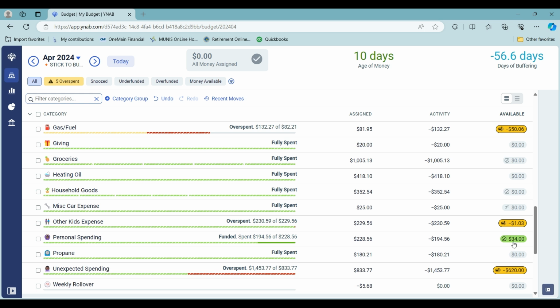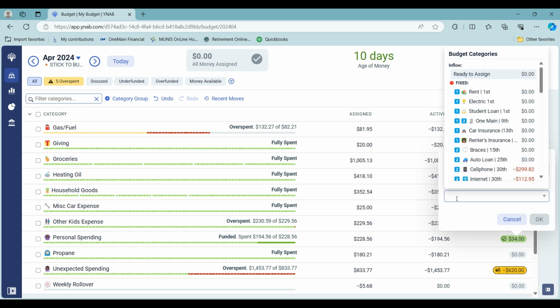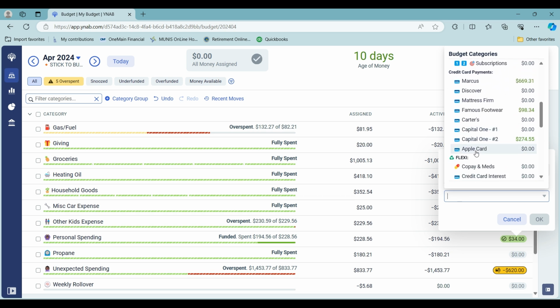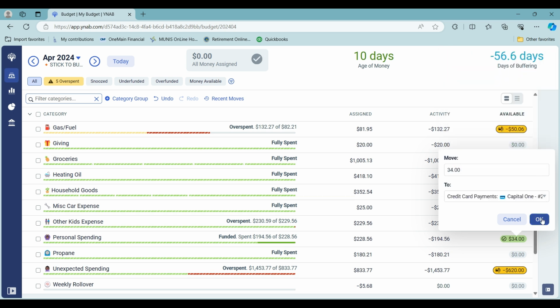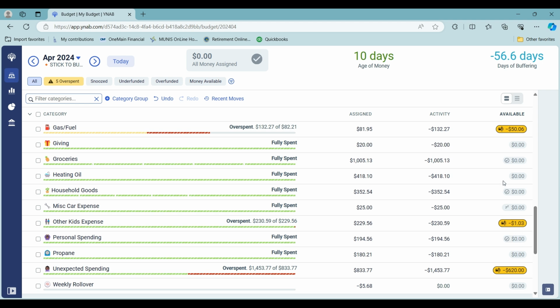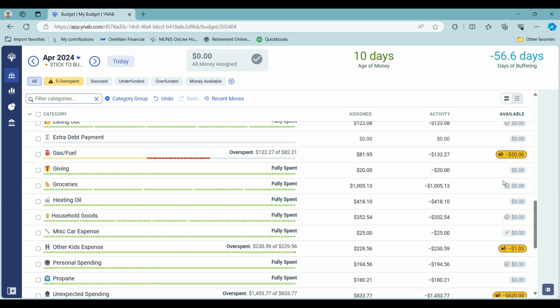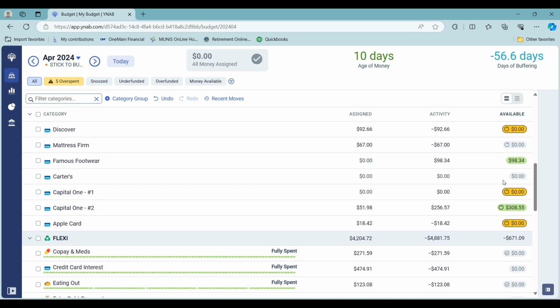So there's $34 here in the personal spending category, and it ends up I did a return to Walmart for a pants that I bought, and I just put it back into the personal spending. This money needs to go back to my Capital One number 2 card because that is where I returned the money to. Okay, so I'm just going to use that and put it up there. And I actually, let me think now, because I did already pay that amount.